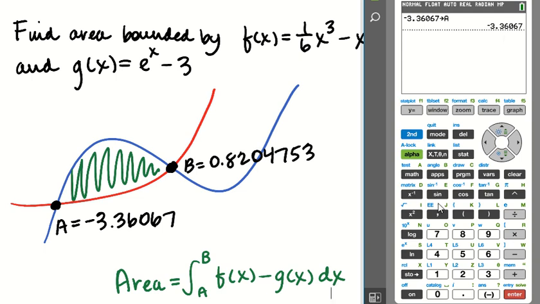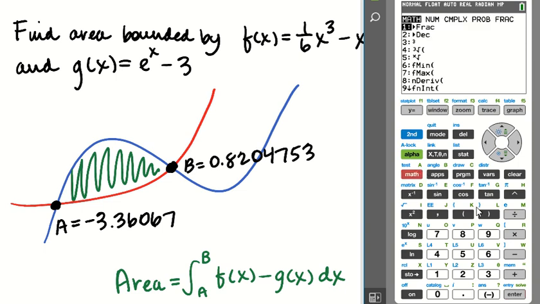And then I'm going to do the same thing for B. 0.820473, and we're going to store that in as B. And then whenever you press B, it knows that you mean 0.820473.